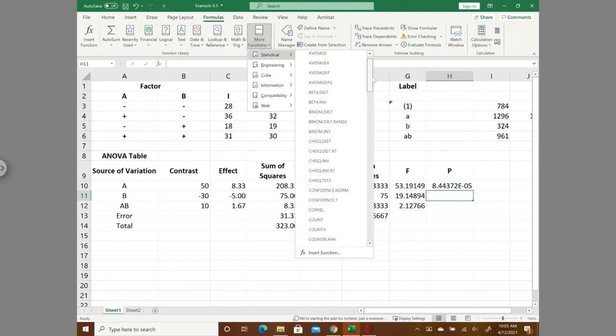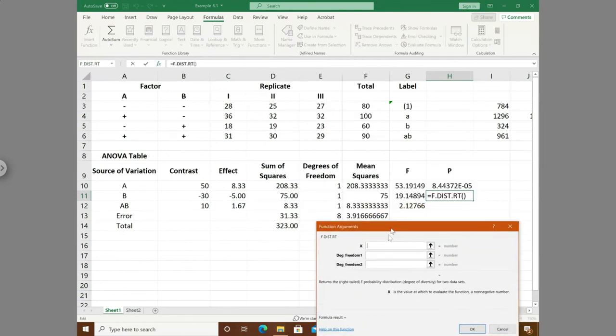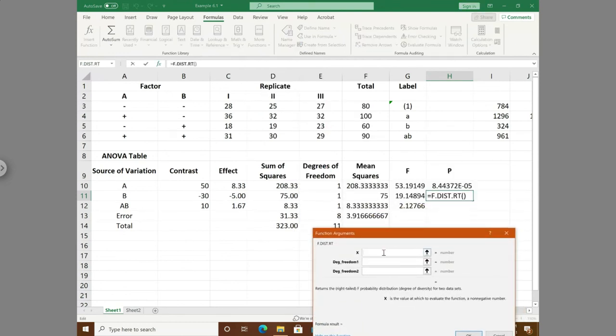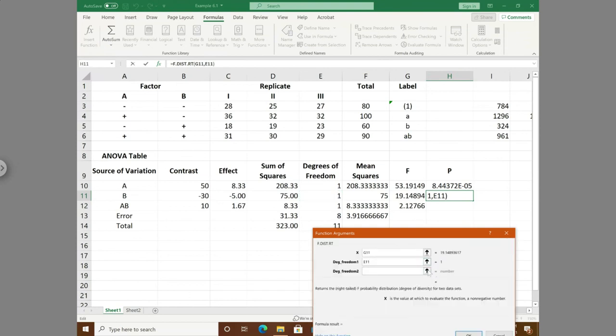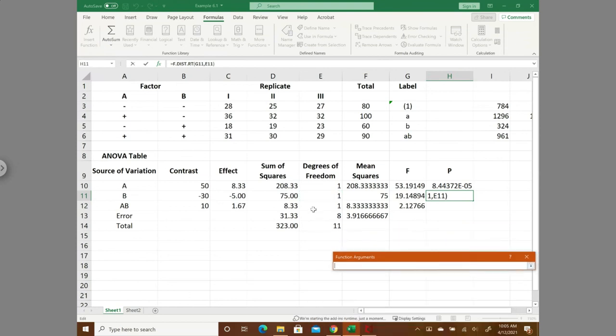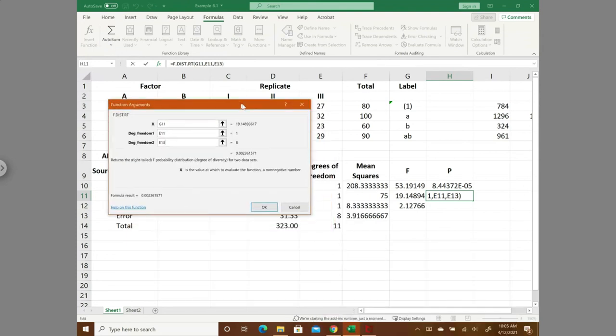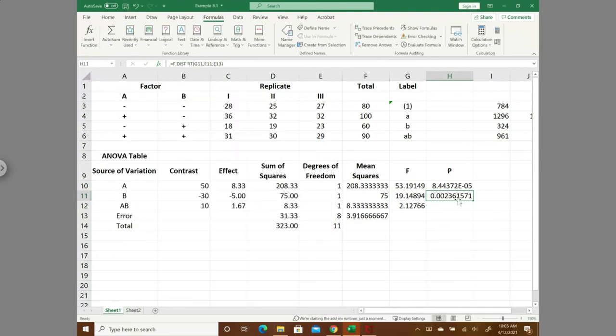Let's repeat the procedure for calculating the p-value for B. Statistical, F.DIST.RT. For x, you put the F value. For degrees of freedom 1, you put degrees of freedom for factor B. For degrees of freedom 2, you put degrees of freedom for error. And again, a very small p-value.